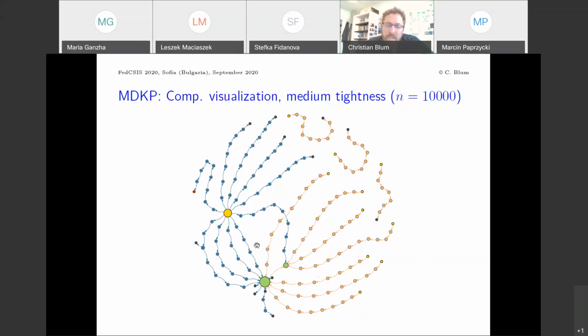The best solution was found here by LNS. It seemingly doesn't have anything to do with this attractor, but the distance of the nodes here doesn't say anything about distance in the search space. So it might well be that this solution is also close to this attractor, just that none of the runs that went into this attractor ended up here.